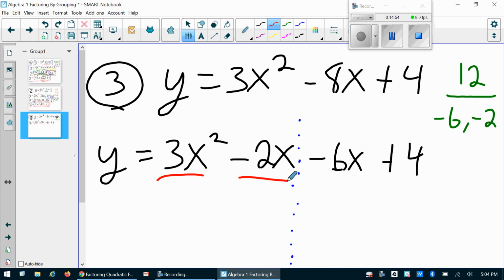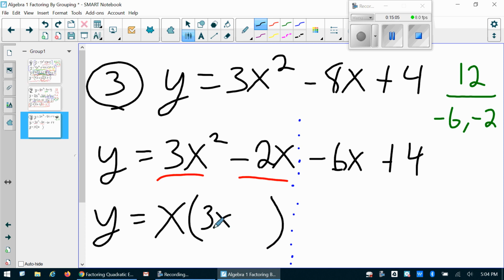Okay, so I can do that. So I'm going to pull out an x. 3x squared divided by x is 3x, and negative 2x over x is just negative 2.